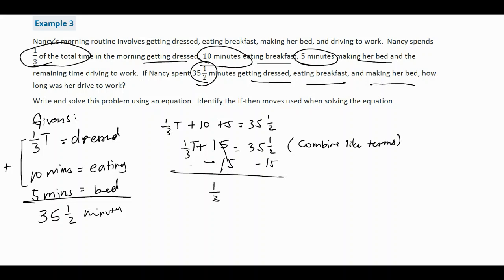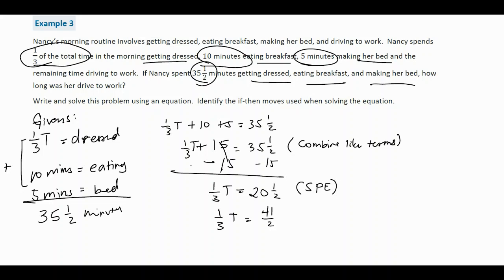So 1/3 T is equal to 20 and 1/2. All right, next one. Let's change this first into an improper fraction, which will be 41/2.